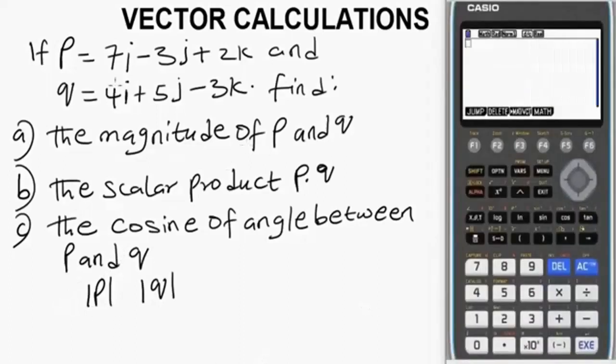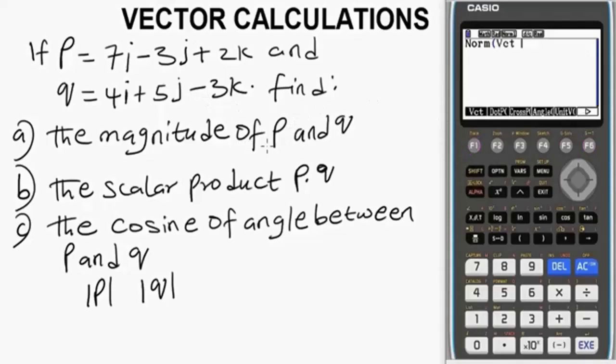For the magnitude of vector P and Q, we go to Option, then under Option we press F2 for Vector. Then to get the magnitude, you are going to go to this Norm. When you get to it, press F1, then press Option again, Vector, then we press this for next page, then Vector, what?